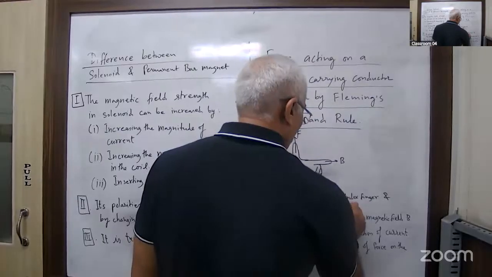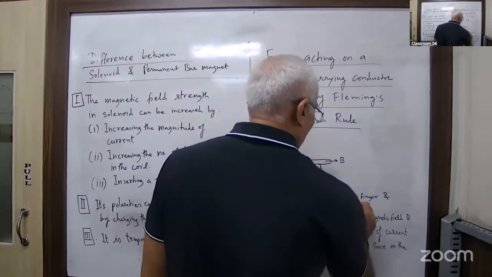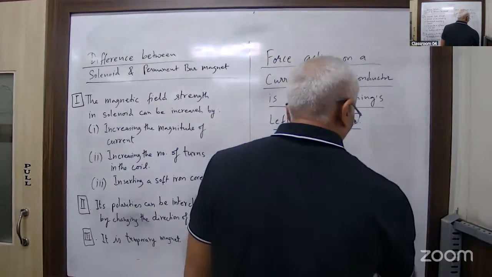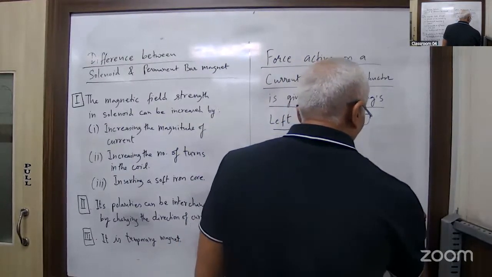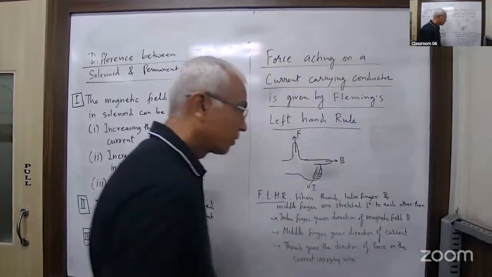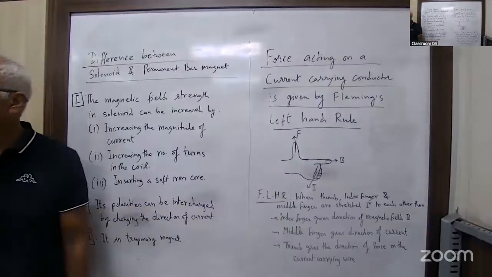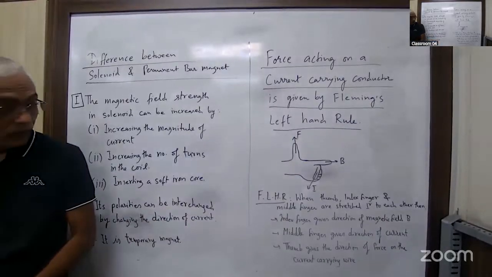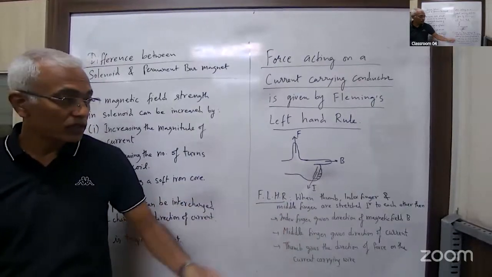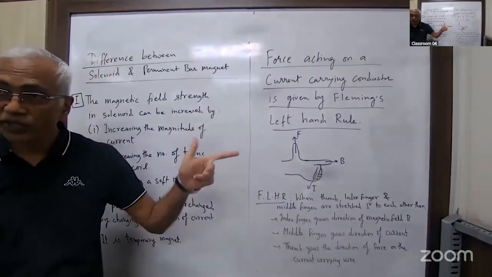This is what it is. What is Fleming's left hand rule? When thumb, index finger and middle finger are stretched perpendicular to each other.